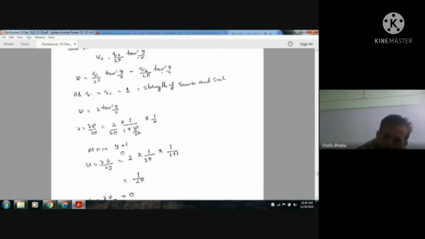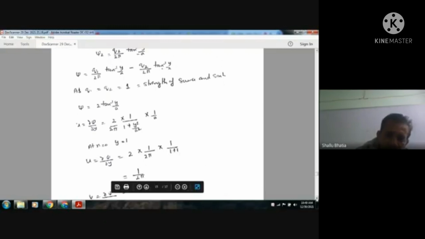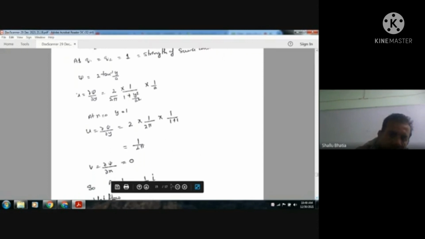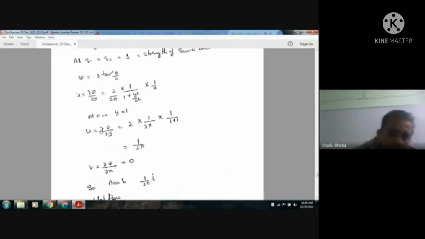This is the velocity. U will be 2 by 2 by 1 by 2. Here, u is the partial derivative of psi with respect to y, and v is minus the partial derivative of psi with respect to x.